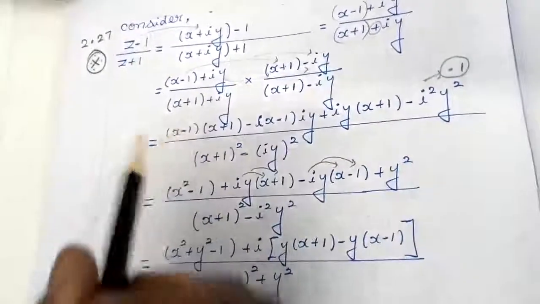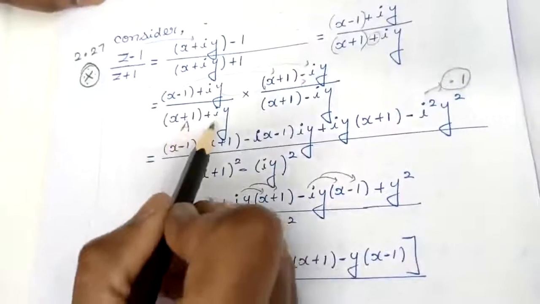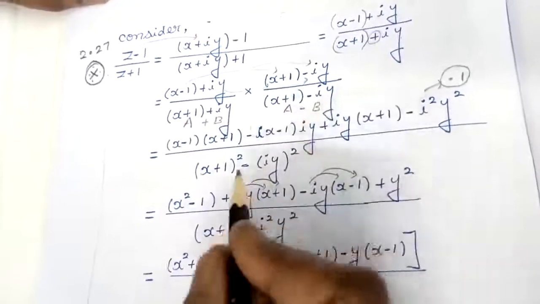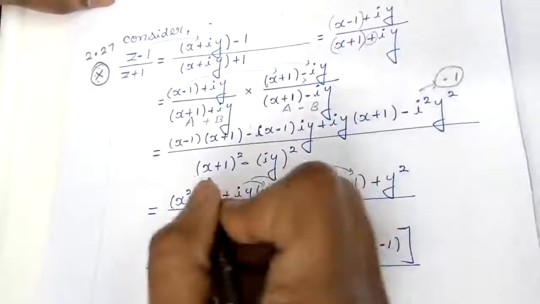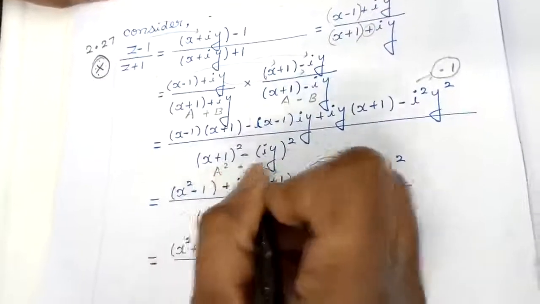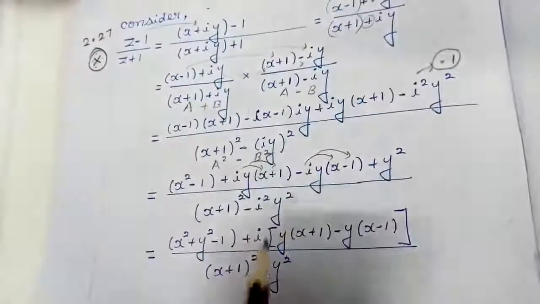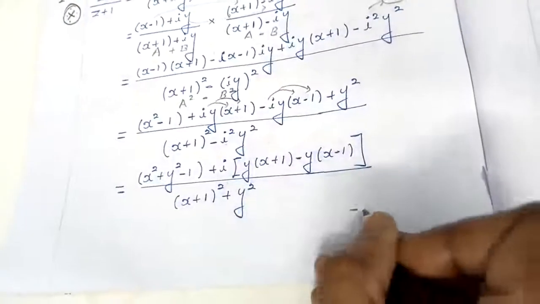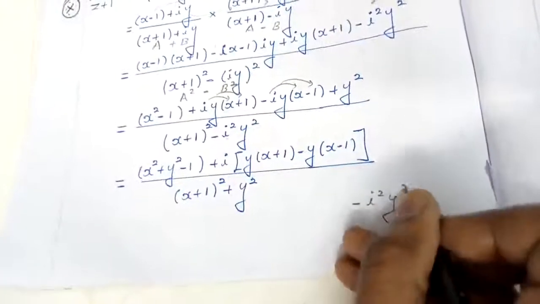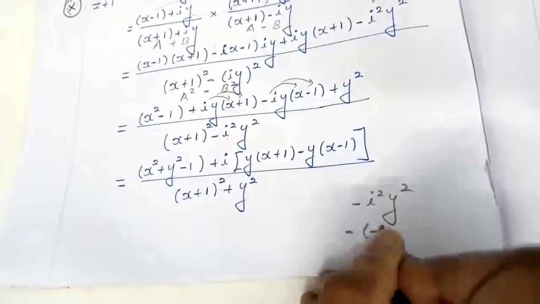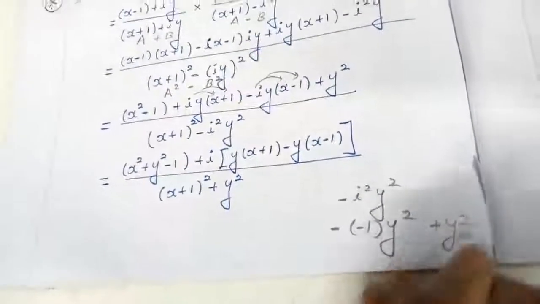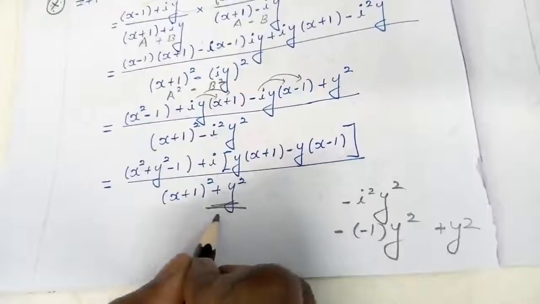The denominator is of the form (a plus b) into (a minus b), which can be written as a square minus b square. So i square, again i square, the value is minus i square y square, meaning i square value is minus 1 times y square, which can be written as plus y square, and that is the value I have written in this place.